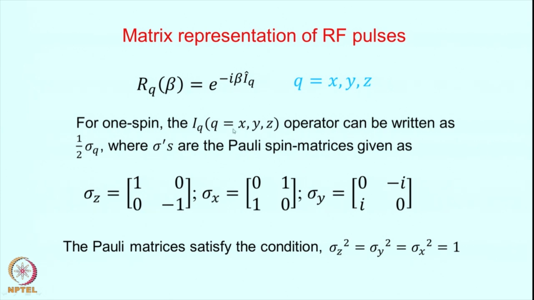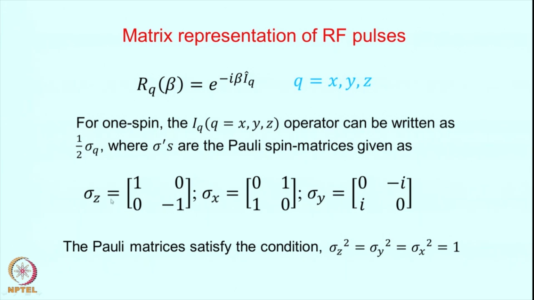So therefore this can be represented as half sigma q, where sigmas are the Pauli spin matrices. Basically Iz is half into (1 0; 0 minus 1), Ix is half into (0 1; 1 0), Iy is half into (0 minus i; i 0).